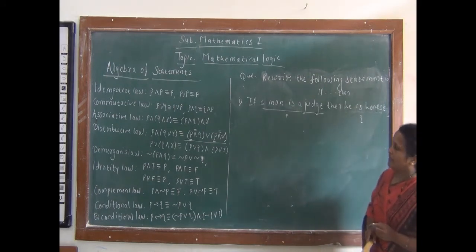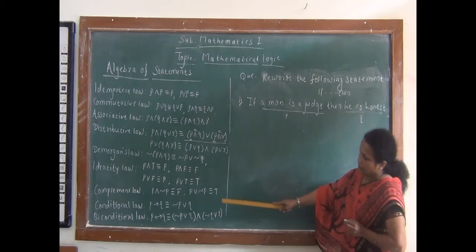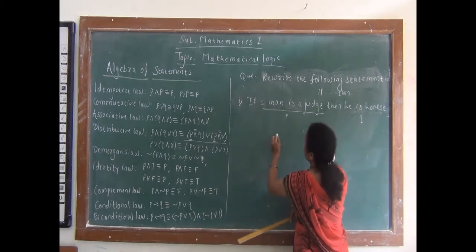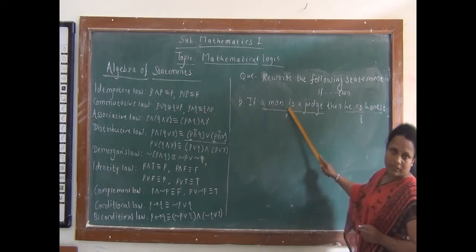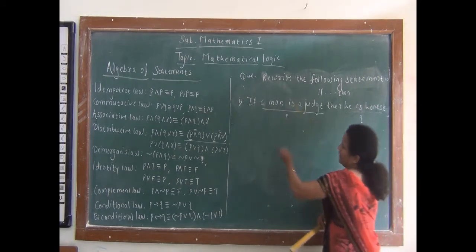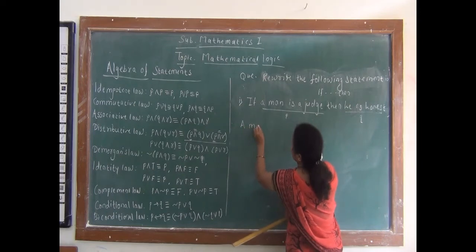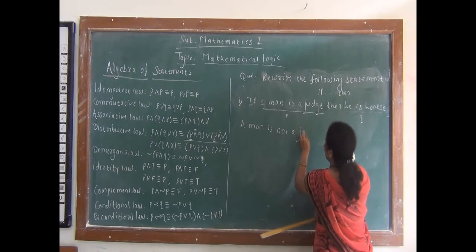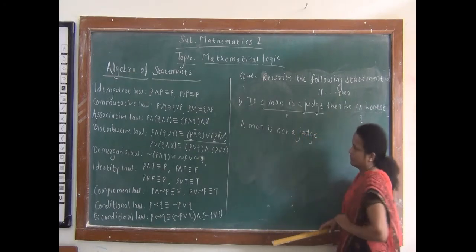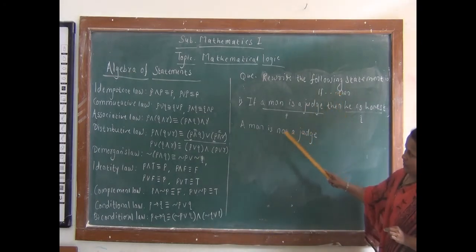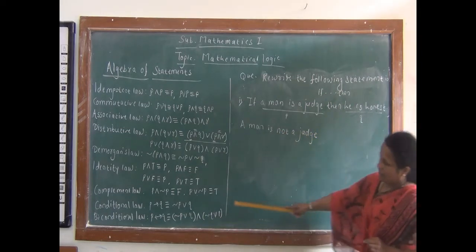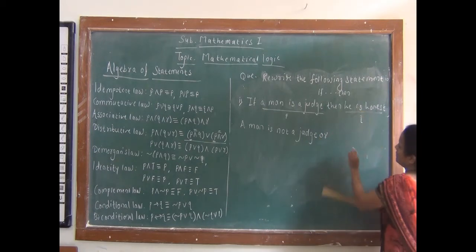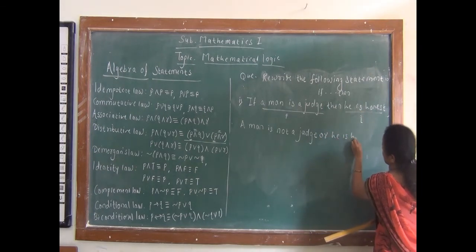So we rewrite this statement as negation P. We have to take the negation of this P. So the negation is, a man is not a judge. That is, we add the connective not to find its negation. Then OR, write the Q statement, he is honest.